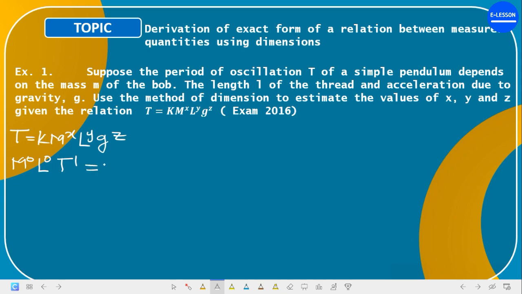Now what are we supposed to have here? This will be K. The dimension for M, which is mass, is already given as M, so you raise it to the power of X. The dimension for L, the length, is already given as L, raised to the power of Y. Now the dimension for G. G is the acceleration due to gravity, and the dimension for acceleration and acceleration due to gravity is the same, and the value is LT minus 2.